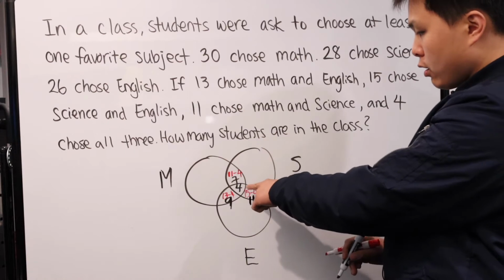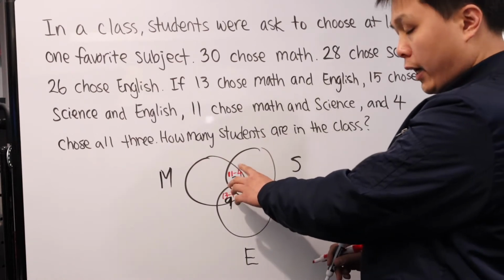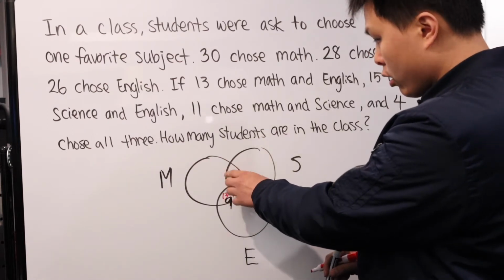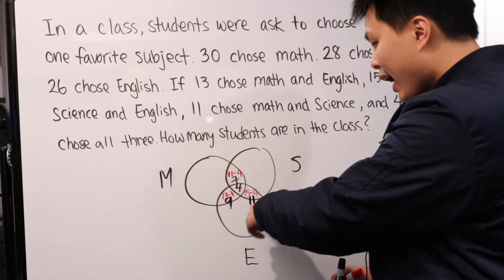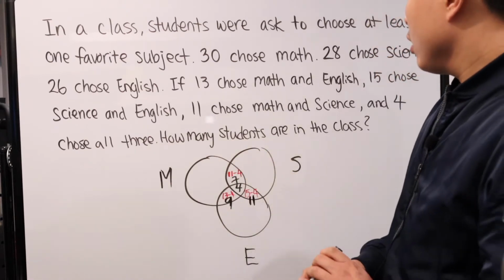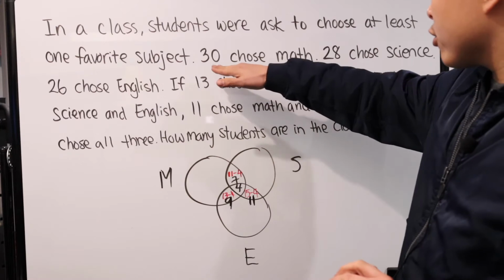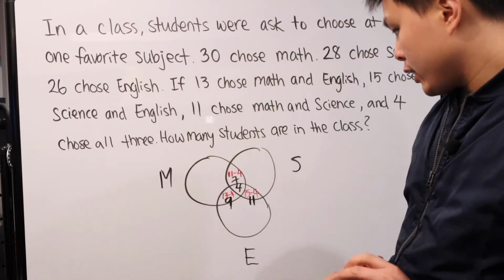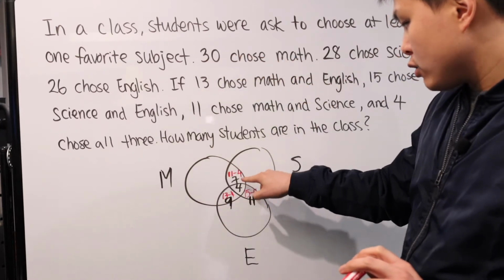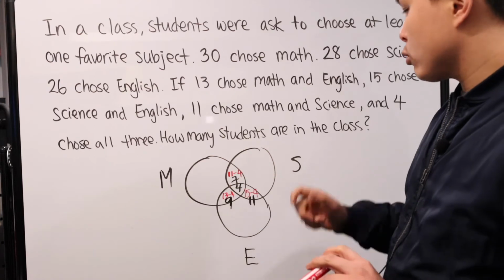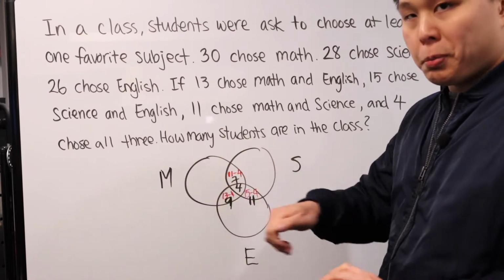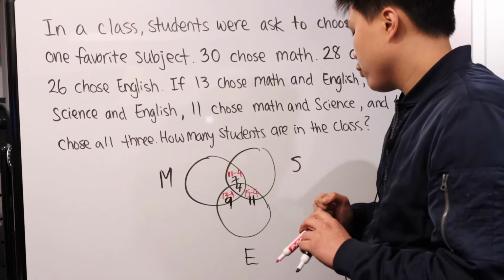So notice this. The all overlap, then all of a sudden I spread out to the ones that are sharing 2 overlap. And then now we have the remainder. In this case, 30 chose math, and we're looking at all of this right here that were overlapped, so the rest of these are just people who only chose math as their favorite subject.